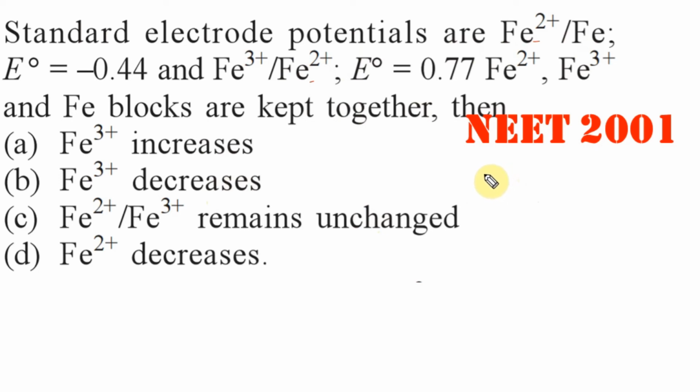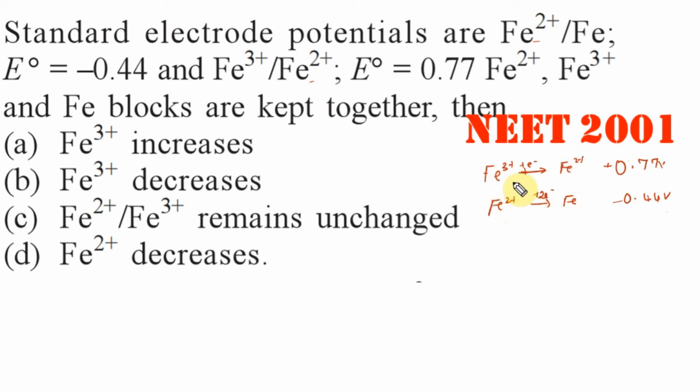I would say for a beginner, writing the reaction is much easier. Let's write the reactions based on the values, more positive first. So this is the one that I'm going to write first: Fe3+ plus electron gives you Fe2+. Then I have minus 0.44 volts, Fe2+ plus 2 electrons.